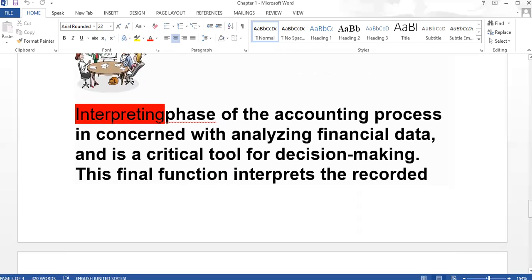Now going further, interpretation. The interpretation phase of the accounting process is concerned with analyzing financial data and is a critical tool for decision making.